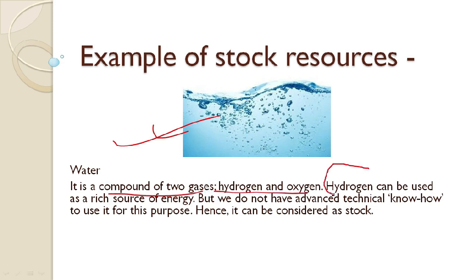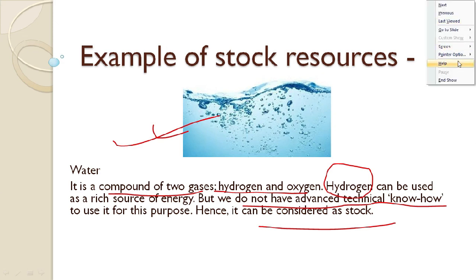Hydrogen again is a very good fuel which can be used as a rich source of energy. Now here's a question. If water is a compound of two gases and it's quite easily available, why don't we take out hydrogen from the compound and use it as a source of energy? We have not been able to do so because we have not possessed that technical know-how till date to use it for this purpose. Hence, this resource is considered to be a stock resource.